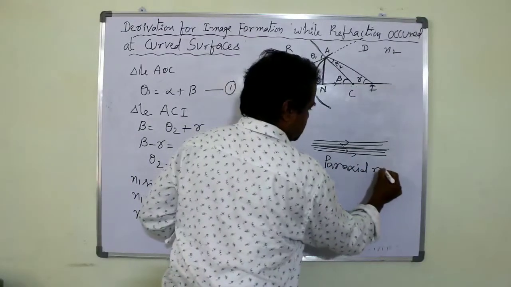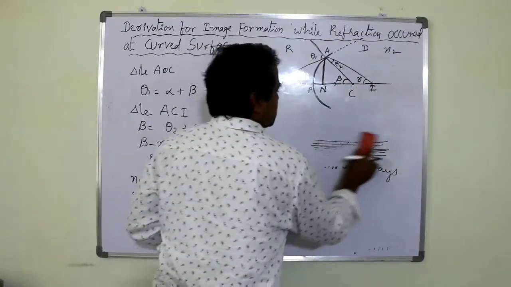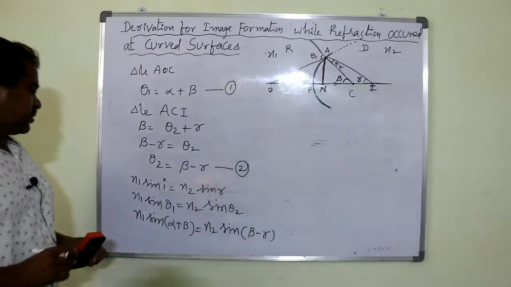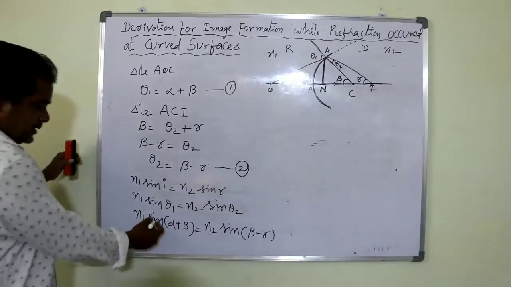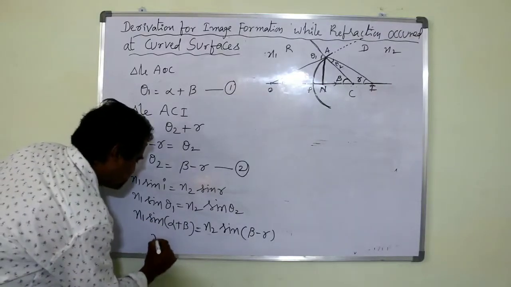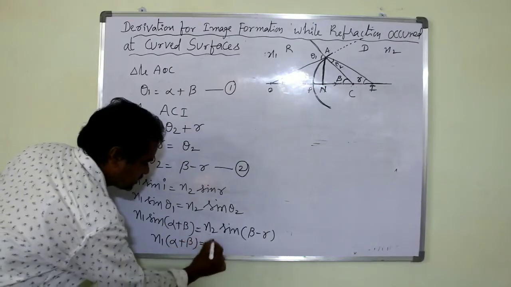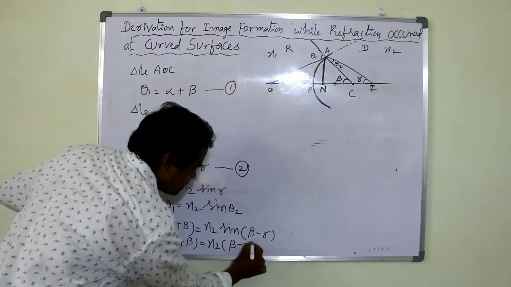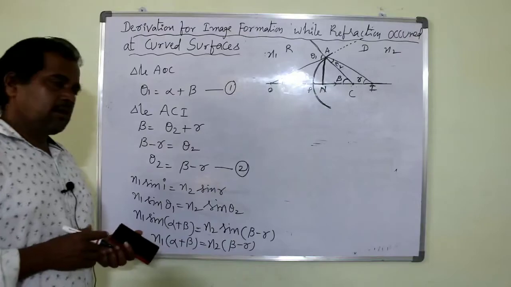In the case of paraxial rays, the values of the angles are very small, so we remove the sine ratio here, then we get N1 into alpha plus beta is equal to N2 into beta minus gamma. This approximation is called paraxial approximation.